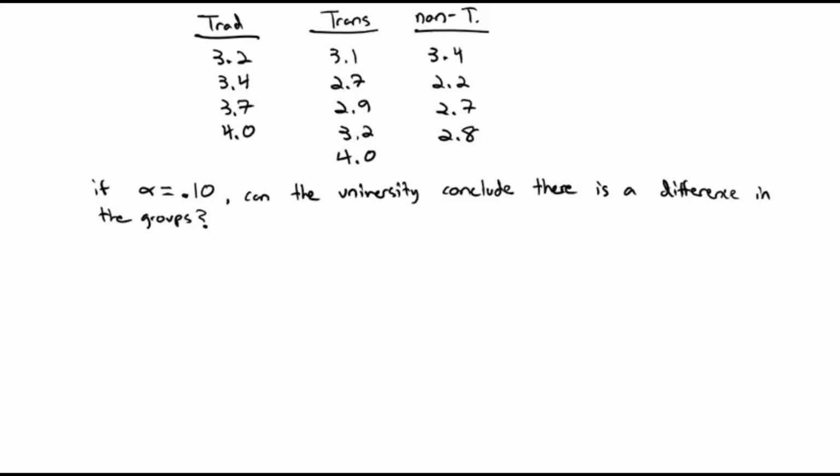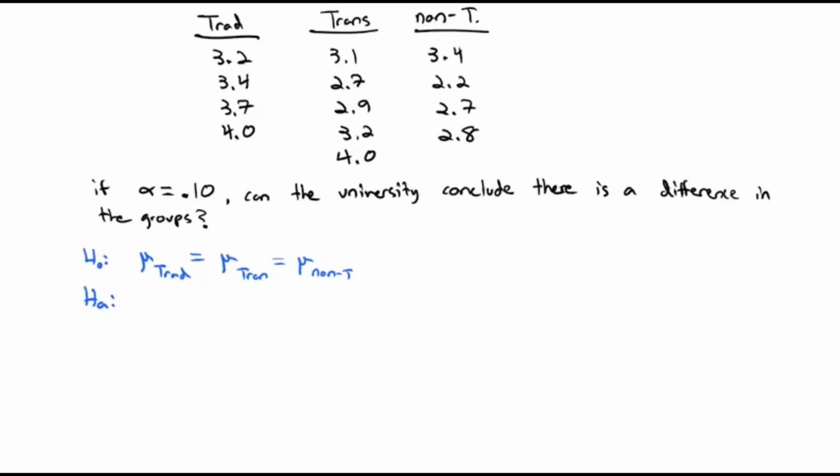Let's scroll up and give ourselves a little room and start our hypothesis test. The null hypothesis is that the mean of the traditional students is equal to the mean of the transfer students, which is equal to the mean of the non-traditional students, that they all have the same mean.